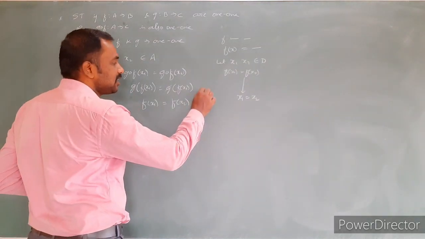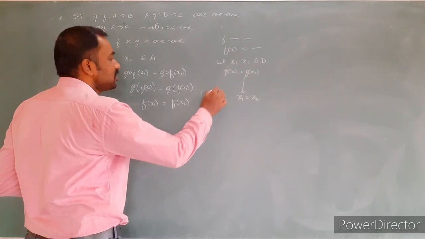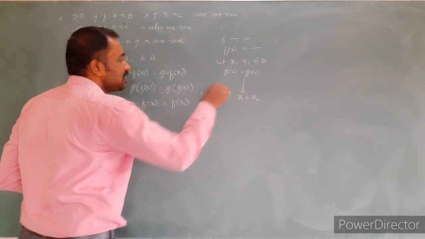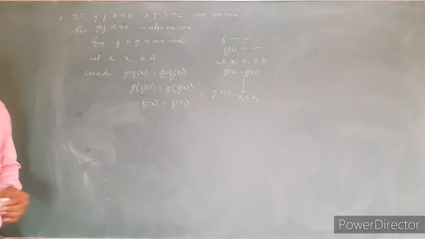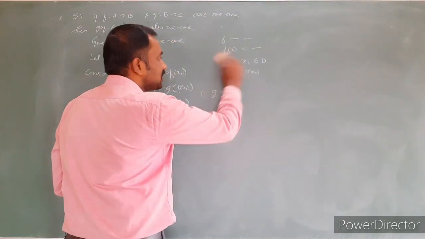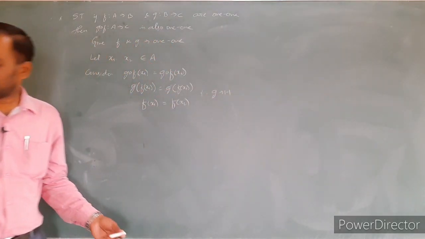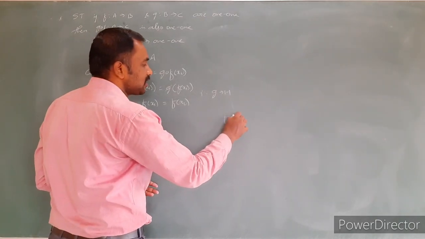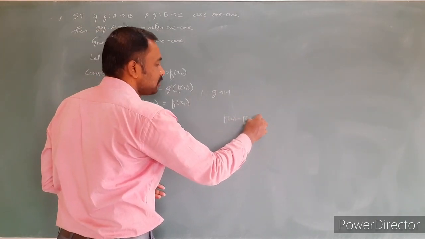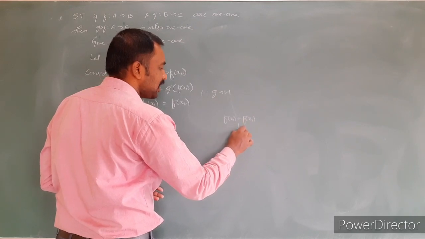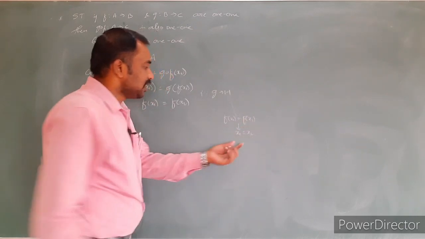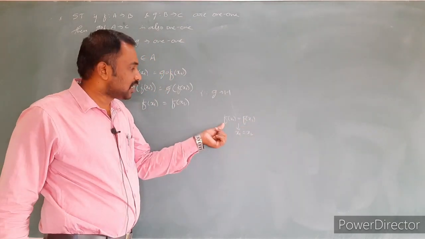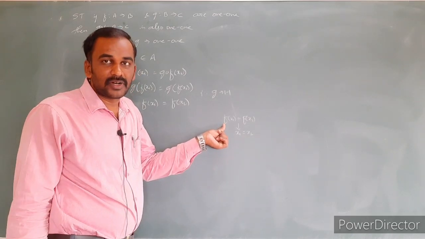What is exactly the reason? It is already given that g is a 1-1 function. G is a 1-1 function, that's why we can neglect that g. How? Usually you would write f of x1 equal to f of x2 and then get x1 equal to x2, and conclude that f is a 1-1 function.